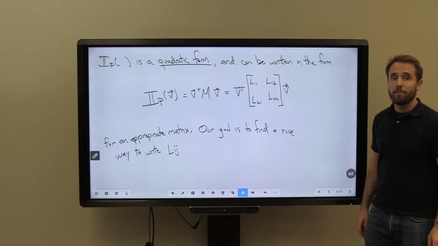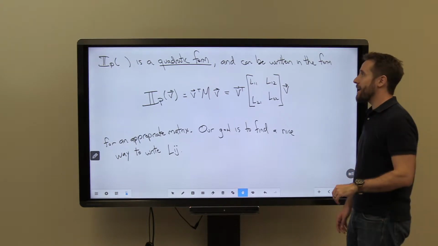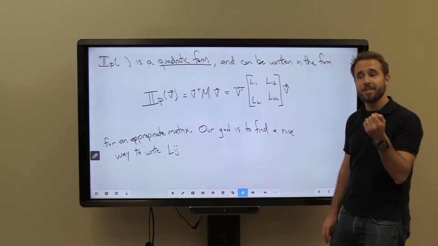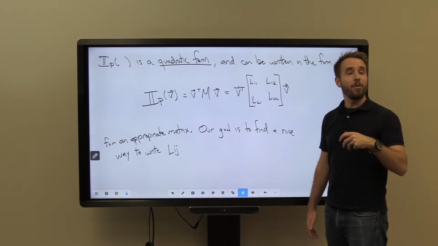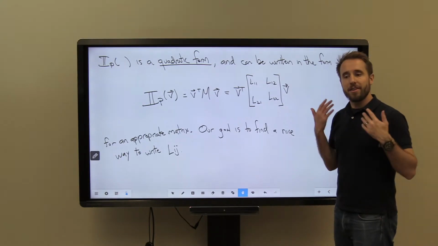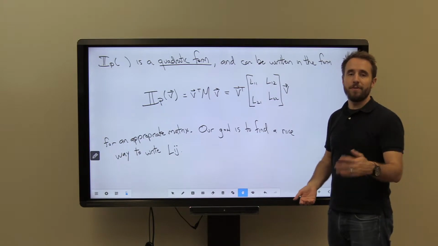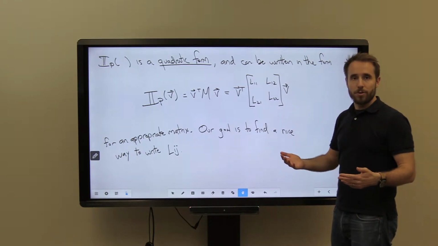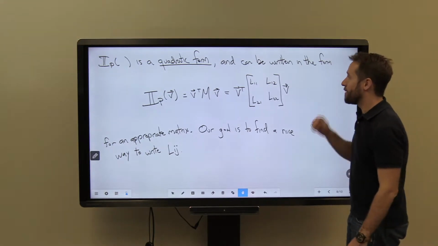All right, so first of all, the second fundamental form turns out to be a quadratic form, which means that if I plug in a vector v, with each of its components, v1, v2, then the outgoing expression involves v1 squared, v2 squared, and v1 times v2. So it's going to be a quadratic form.